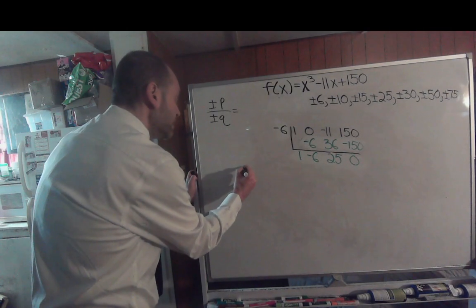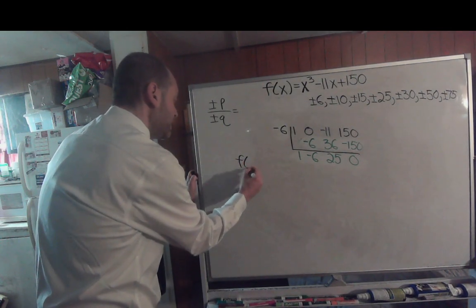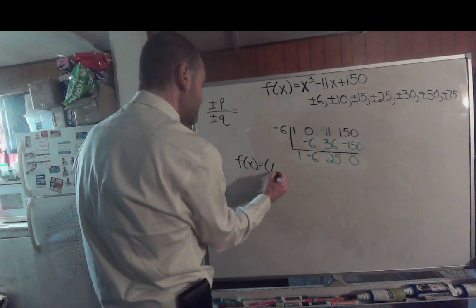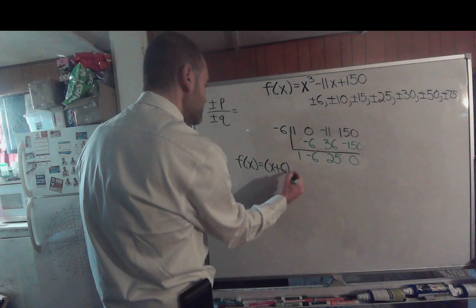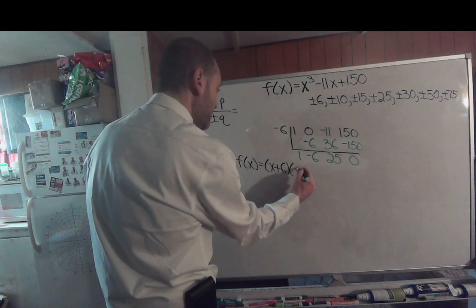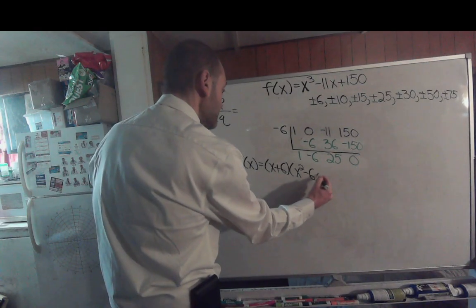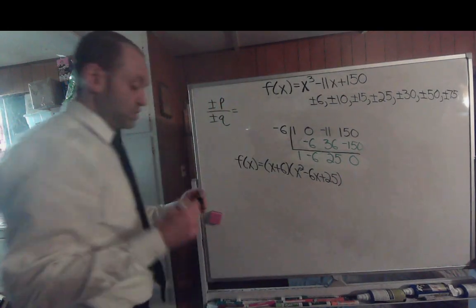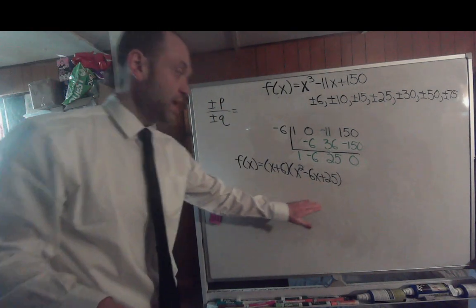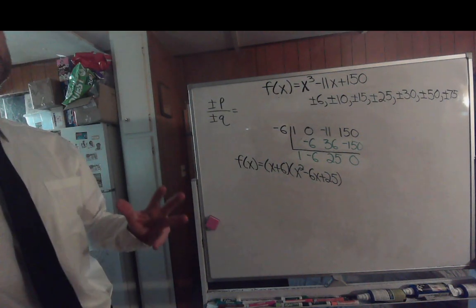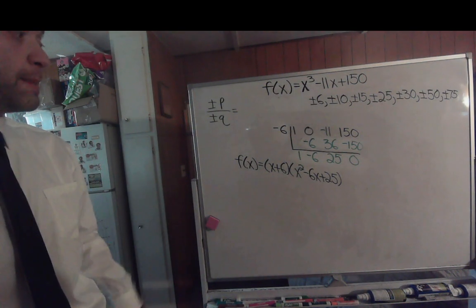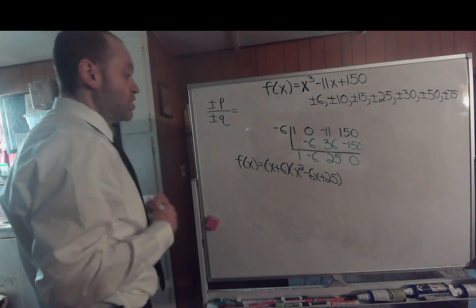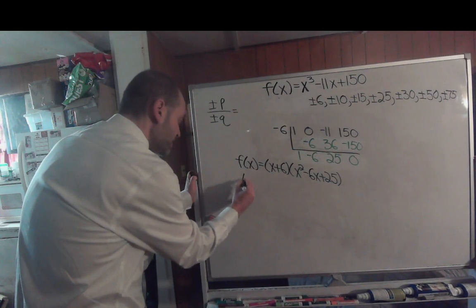So now we end up having f of x equals x plus 6 times x squared minus 6x plus 25. So at least we got this down to a quadratic factor now, which is going to be so much nicer. So we want to take these factors, set them equal to 0.